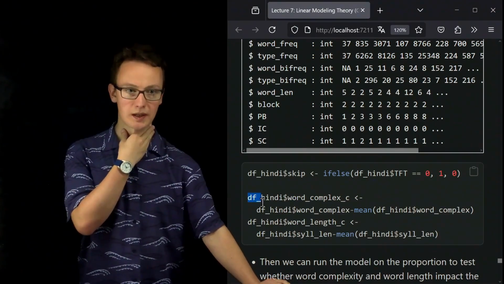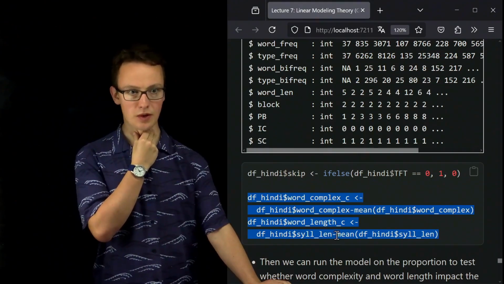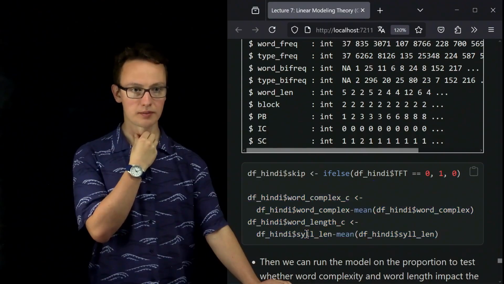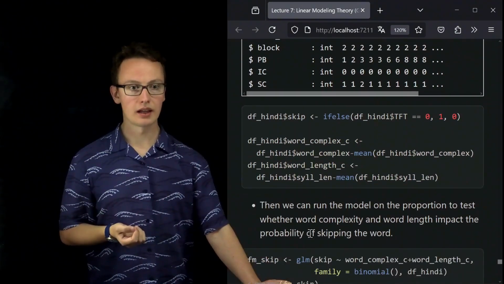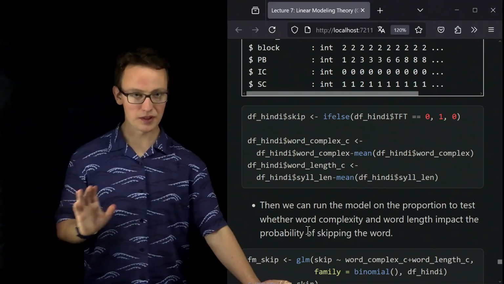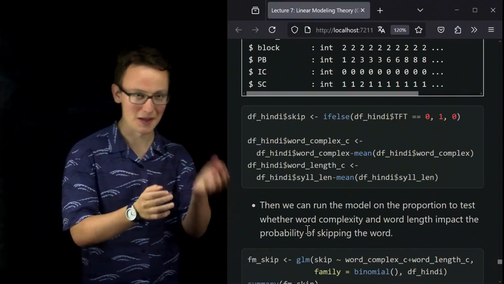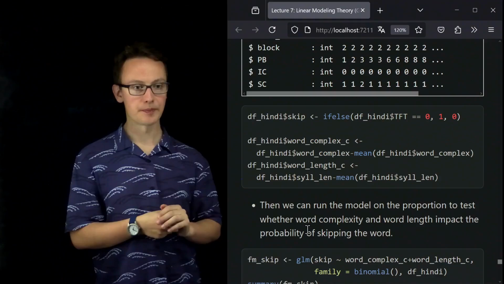So that's what these lines of code are effectively doing for us, subtracting the average of a variable from the concrete values in each observation. And what we could do, which is not the correct analysis here, but just as a proof of concept that we can in principle fit a logistic regression model, would be the following.